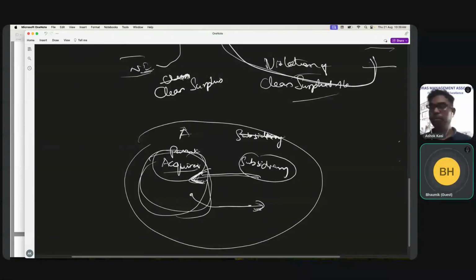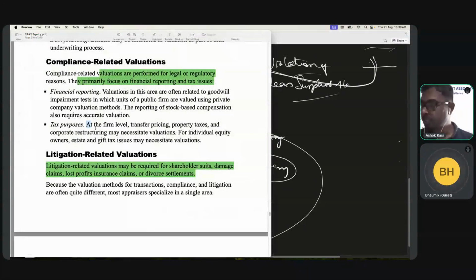In the purchases and in the sales, they can be each other's clients, and they can influence the price. So that's why valuation is needed. Then property taxes: for paying taxes also you need to know the value. Then only you will pay tax. Then corporate restructuring also you need to know the value.